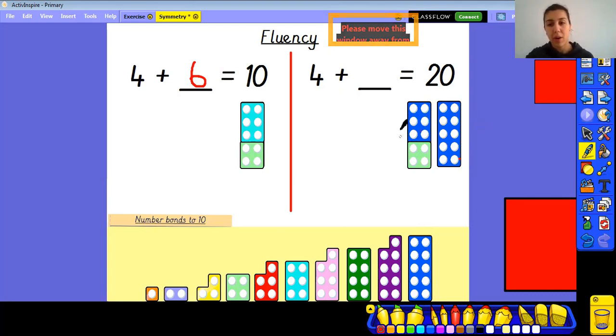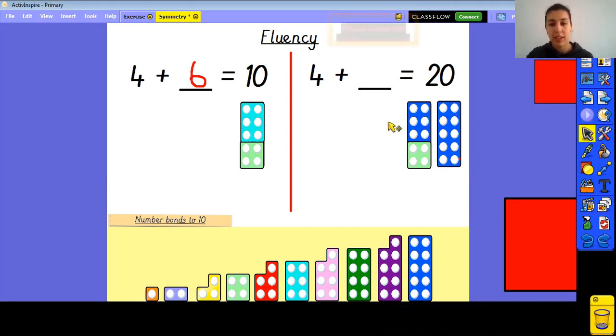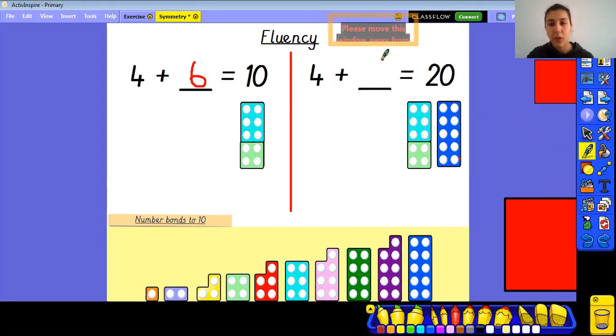So I know that to complete this 10, I need how many more? You can use this to help you. Lovely. I need 6 more ones to complete this 10. So I say that I need 4, add 6 more ones because that will give me 1 whole 10 here. But I'm not trying to make 1 whole 10, I'm trying to make 2 whole tens.